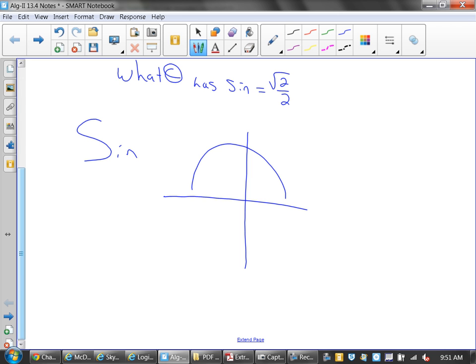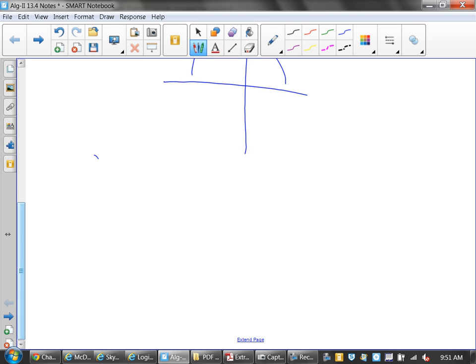Sine's going to be positive between those two quadrants. Where is cosine? Cosine is positive between 1 and 4.